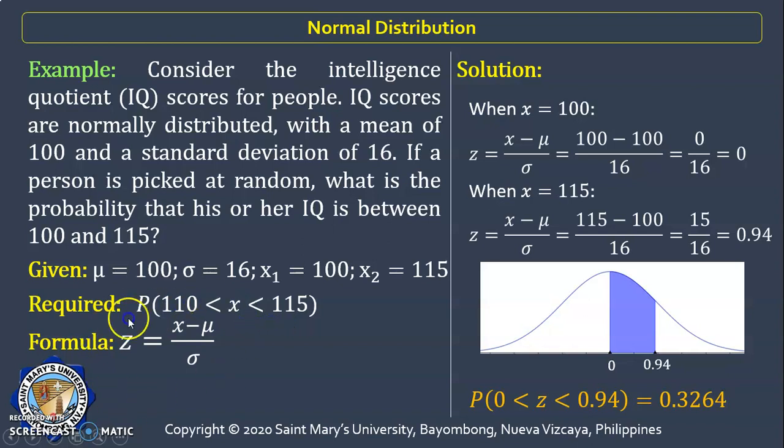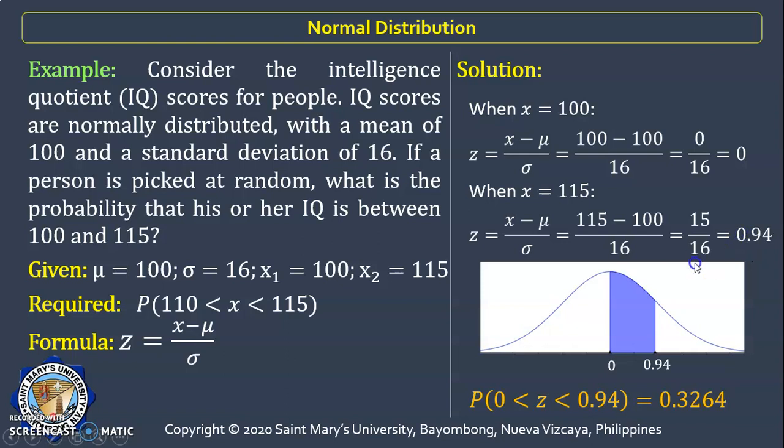First, we convert the two raw scores to z-scores using this formula. When x is 100, by substitution, 100 minus the mean of 100 divided by the standard deviation of 16. 100 minus 100 is 0, divided by 16, is 0. And if x is 115, 115 minus 100 is 15 divided by 16, 0.94. So our z-scores are 0 and 0.94.